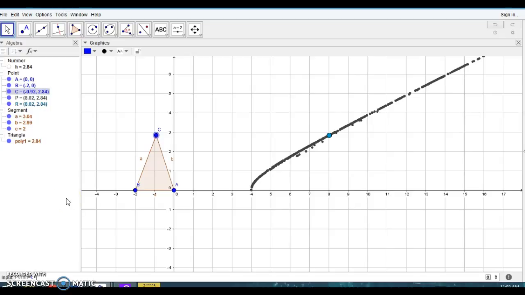So we're going to do C plus the square root of C squared plus 4 times H squared. Okay? So we have perimeter defined now, and perimeter is the x value of point P, okay? And it moves with it, so that's good.